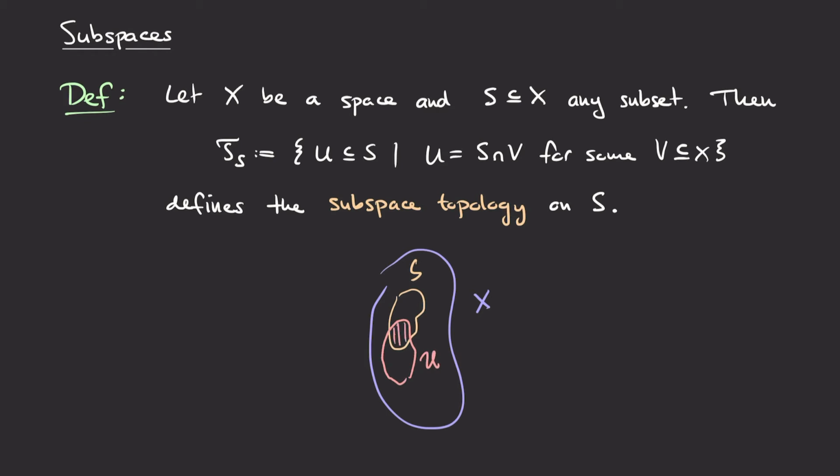So that's this shaded area. Conversely, if we pick some subset of S, so maybe this one here, then this subset is open precisely when there is some larger set in X such that this larger set intersects S in this shaded area.